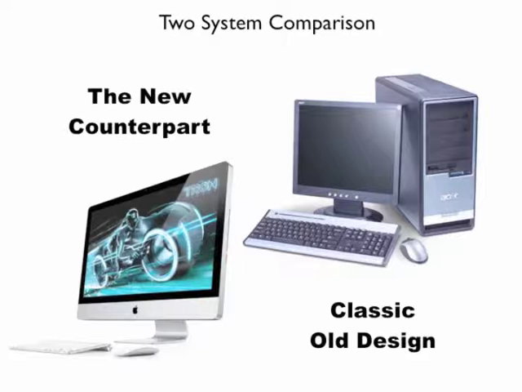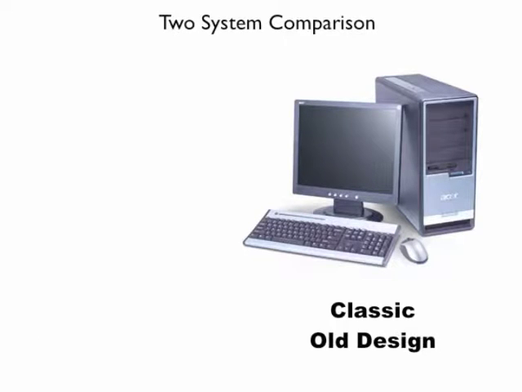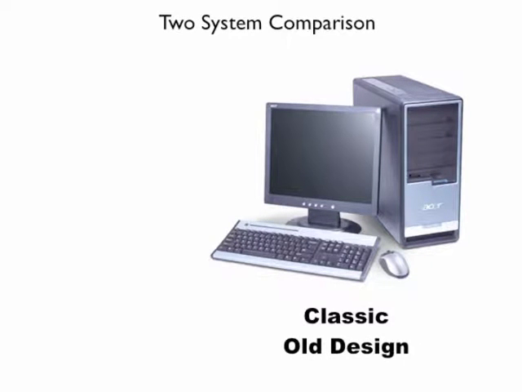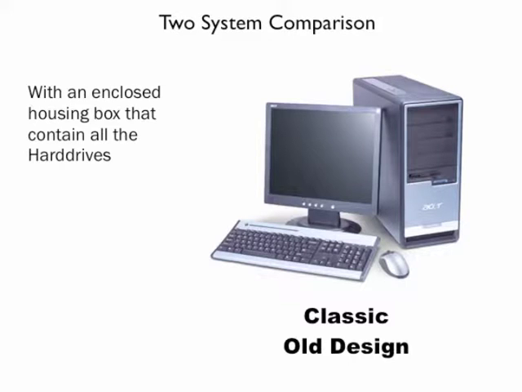I'm going to try and explain these two systems to you. Okay, first we have the old classic design that we used to have, and this is basically going out the door. This design used to have the old housing that contained all the hard drives, and even the older models had the floppy A disk drive.